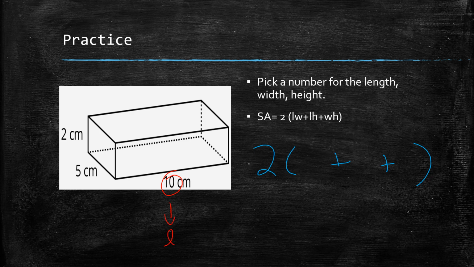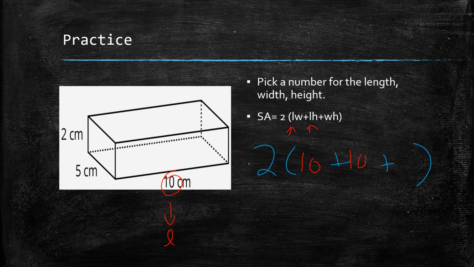I can make it my height, I can make it my width, that's perfectly fine, but just know what you choose it for. That's a cursive L, by the way. I don't want to get that mixed up with the number 1. So I'm choosing 10 to be length. I'm going to go to my formula, and everywhere I see that L, I'm going to put the number 10. So I'm going to have a 10 right here, plus, and then I have another L. I'm going to put the 10 right there.